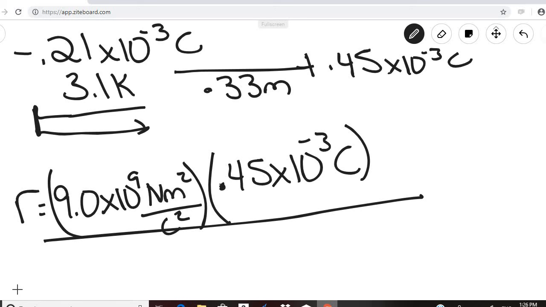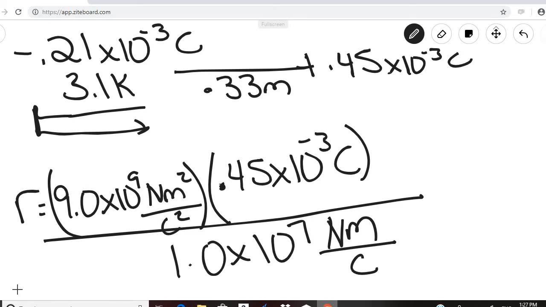And then we divide that by the VF that we calculated, which was 1.0 times 10 to the 7 volts, which is a Newton meter per coulomb. These coulombs are all going to cancel, and the newtons will cancel, and this meter will cancel. We'll just be left with meters up there. So R will be equal to 0.41 meters.